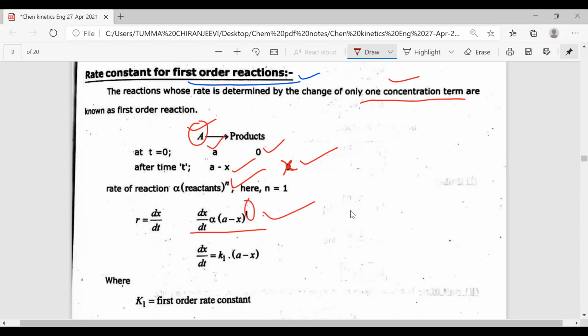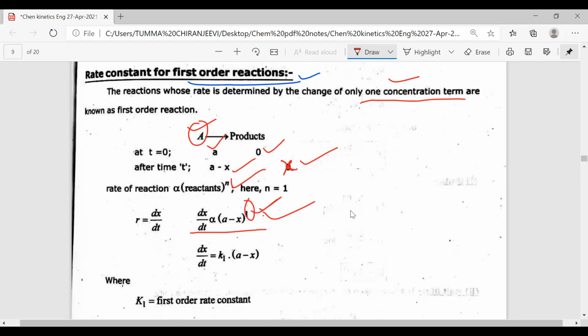See this one, the power 1. That means the rate of the reaction depends upon one reactant's concentration. That is why we write (a minus x) power 1.